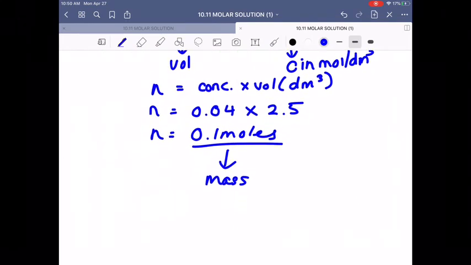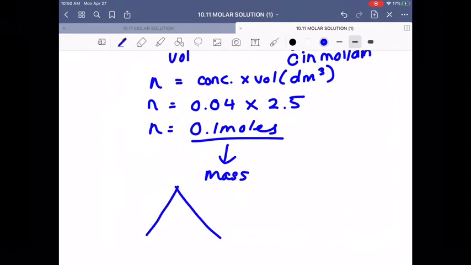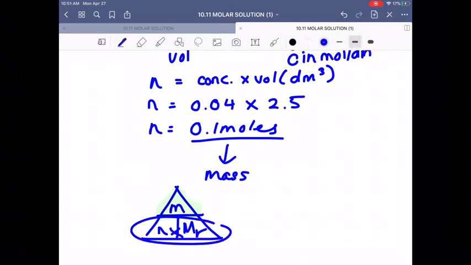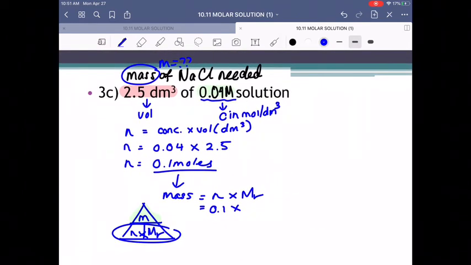These moles you need to convert to mass, by using the triangle. Alright, please remember, from time to time you may need to use this. So mass is equal to number of moles times mR. Number of moles you have found earlier is 0.1, times mR of sodium chloride, which is 58.5.